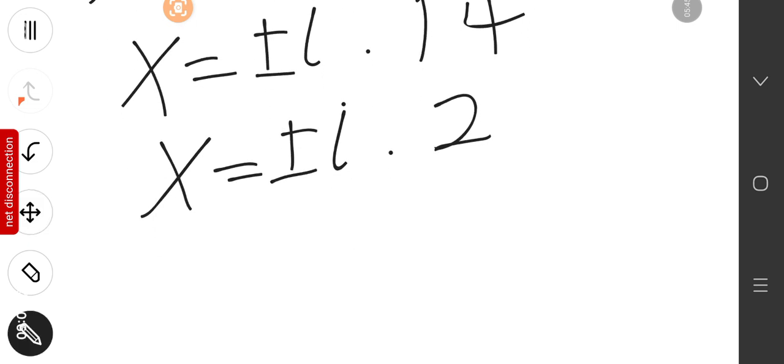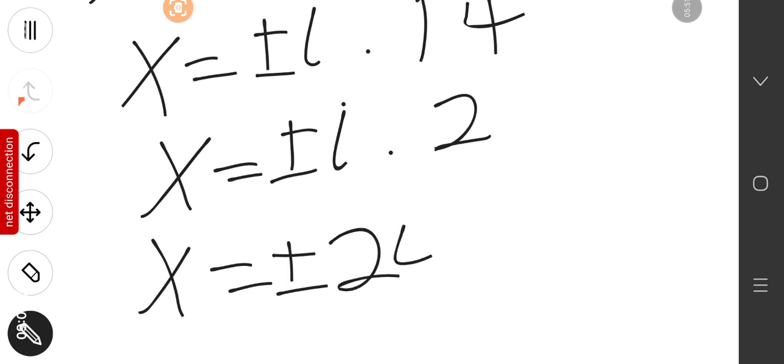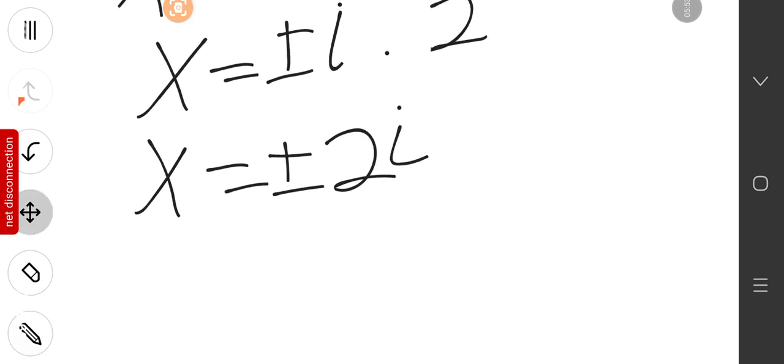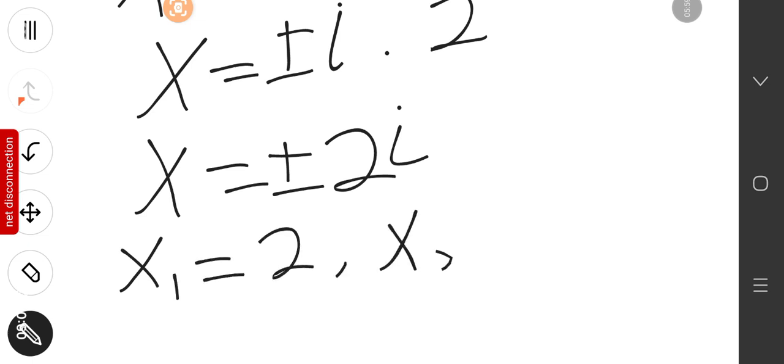So x equals plus or minus 2i. So we can say x1 is equal to 2i, and x2 is equal to minus 2i.